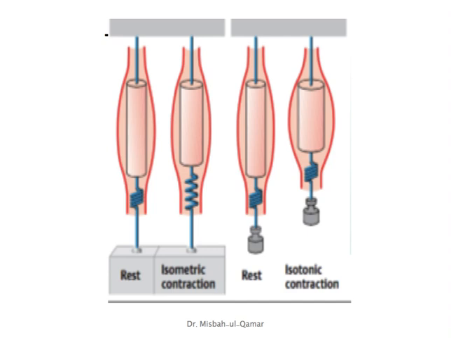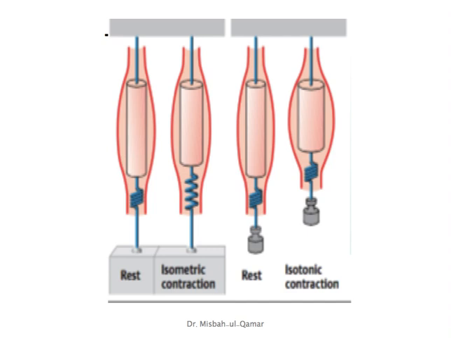Well, let's start with the isometric contractions. Where you see the word metro, it means to measure, especially to measure the length. So, in the isometric type of muscle contraction, there is no decrease in the muscle length.